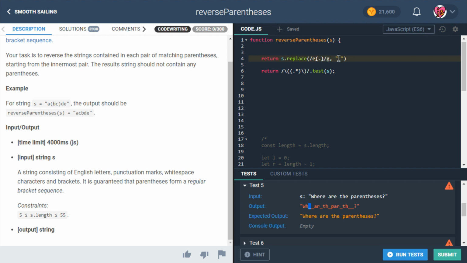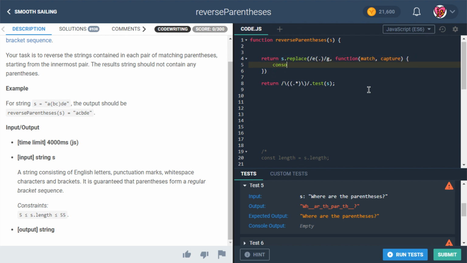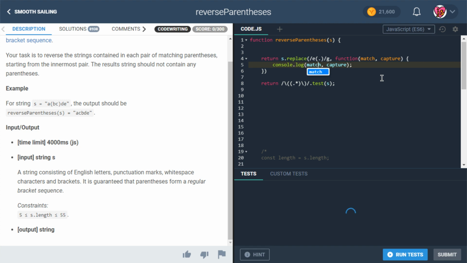So now we're seeing the E and the R are getting both replaced with this underscore because it's taking the next character as well. Okay, now the reason I wanted to show this off is because we have a capture group in here. So instead of just replacing it with a single character, we can actually do a function in here. And this function is going to have two arguments. It's going to have the full match, and it's going to have the capture, the thing that it captured. And I'm just going to do a console log for now of the match and the capture, just so that we can see how the two compare.